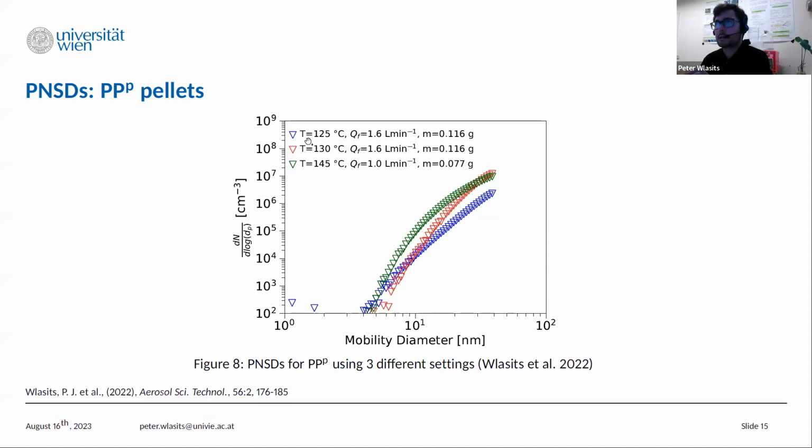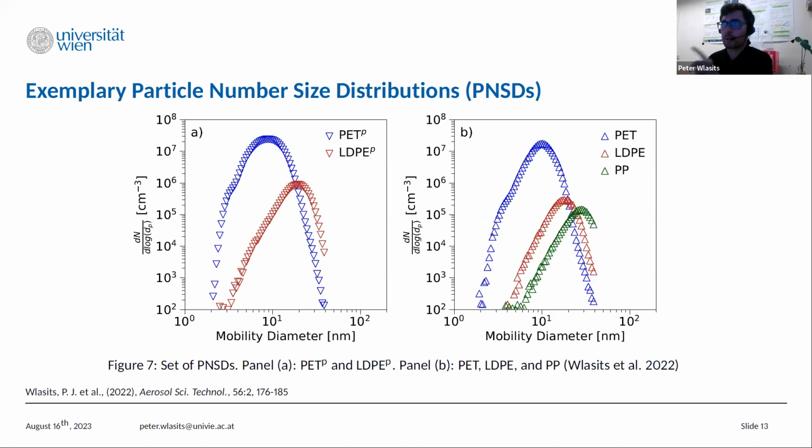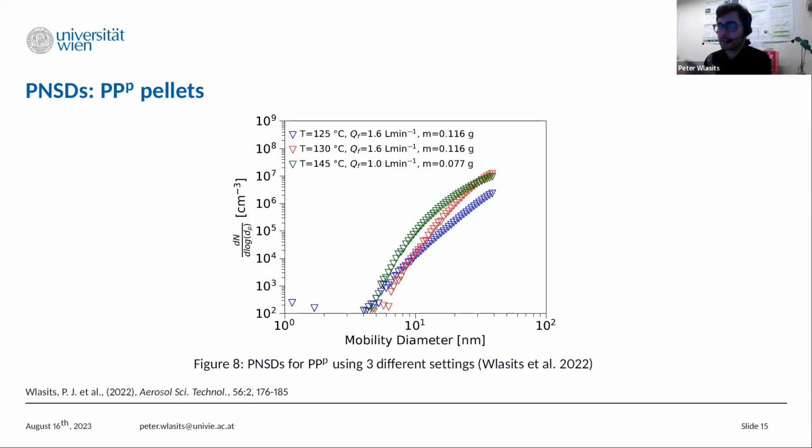As you can see, we tried different temperatures, from 125 to 145 degrees Celsius, all just examples, different flow rates and also different masses. And it was not possible with that nano DMA to record the maximum. That's the reason why I took that polypropylene out of this plot, because if we couldn't even see the maximum, there is not a lot of information.